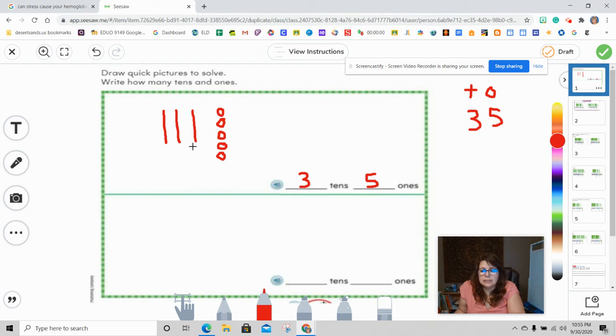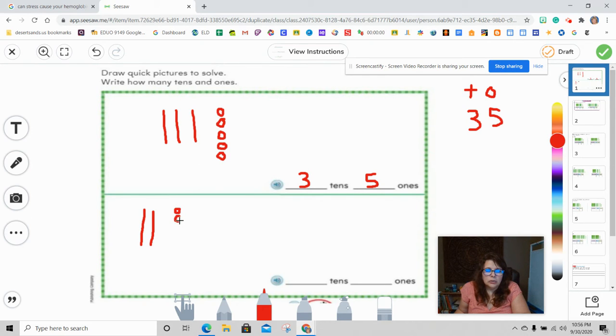So instead of three tens, I'm going to put two tens. But that third 10, I have to represent it with ones. So I still have to put it, but it's going to look different. I'm going to break it apart. I'm going to take out the 10 books from the box and put them as single books. So I'm going to put 10 singles.